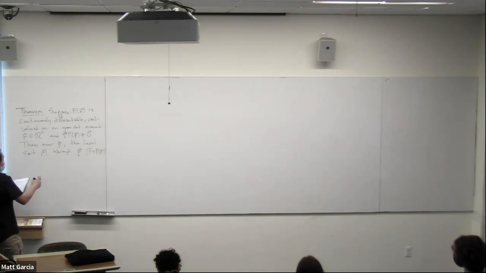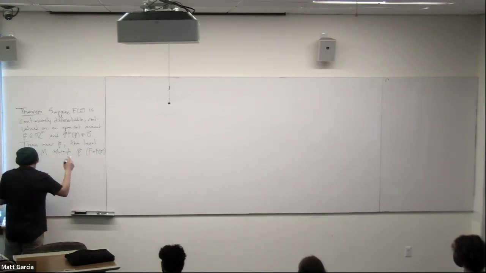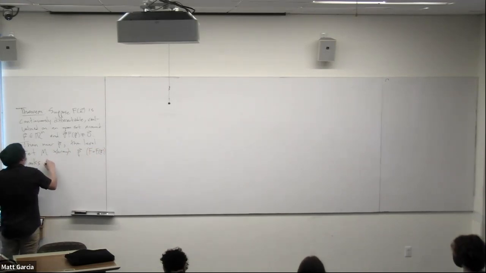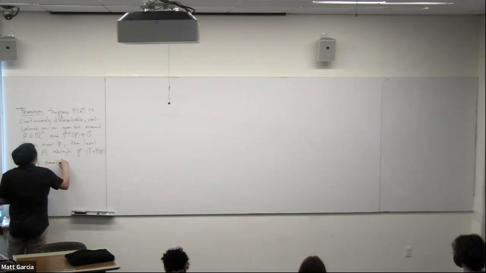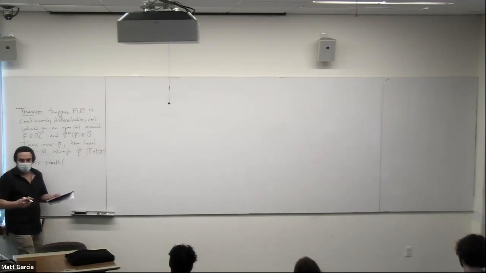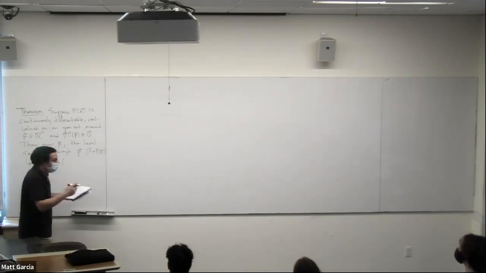The level set M through the point P looks smooth, which is another way of saying no singularities, no sharp points, no places where we can't define the tangent set.